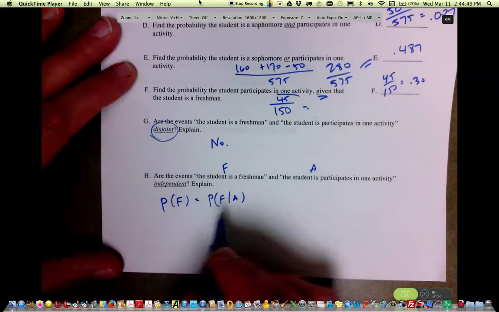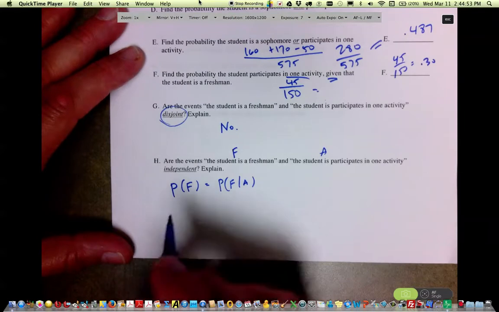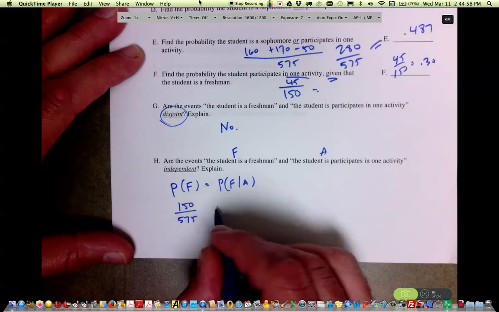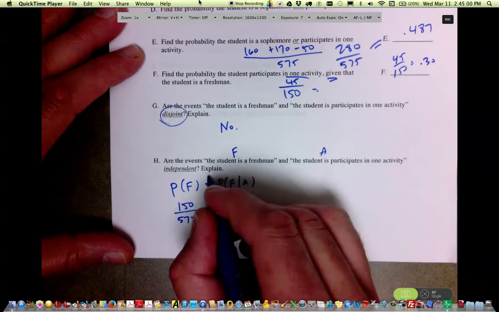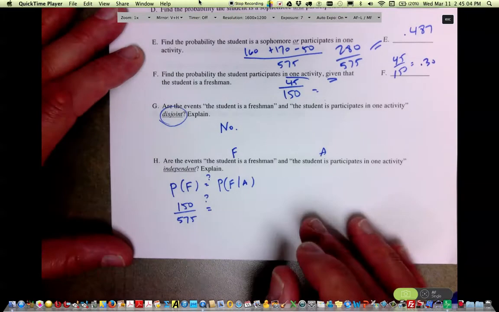This is one way to check it. Probability of being a freshman: there's 150 freshmen out of 575. And then I want to check to see if that's the same as the probability of being a freshman given that they're in 1 activity.